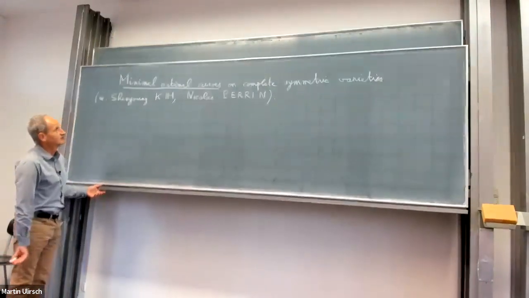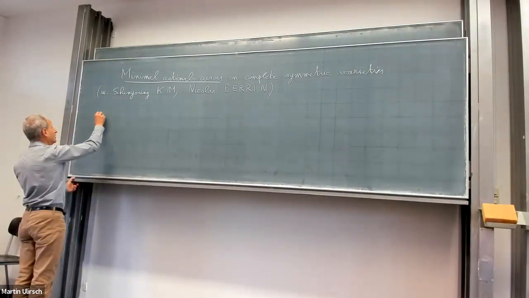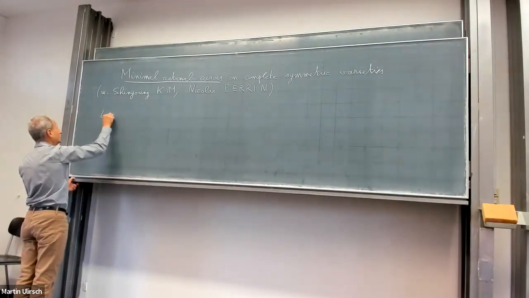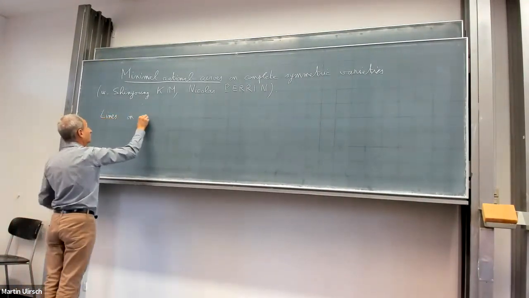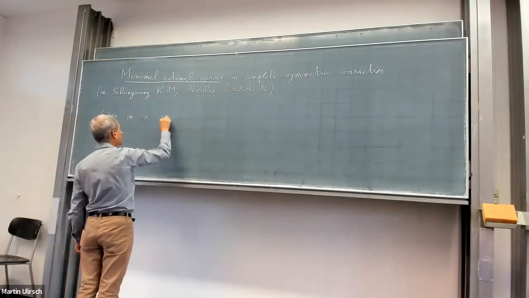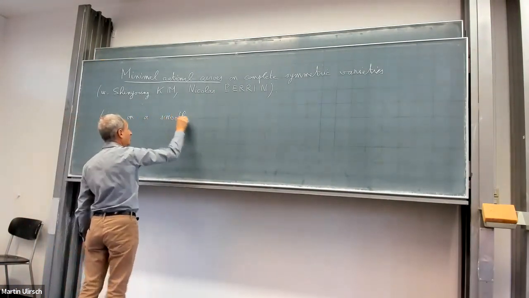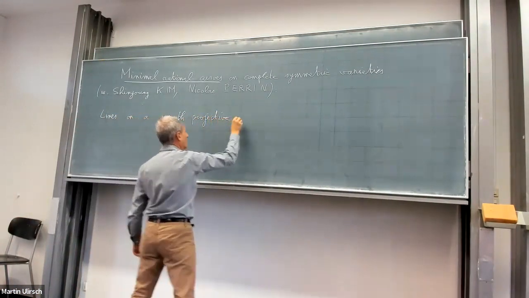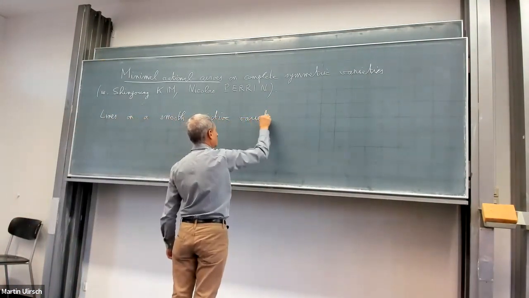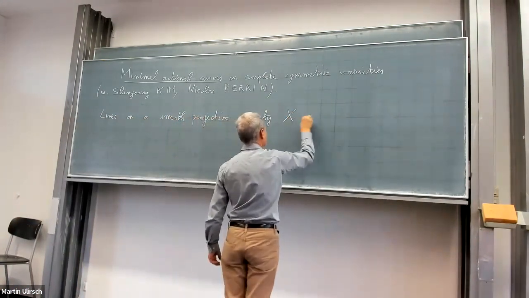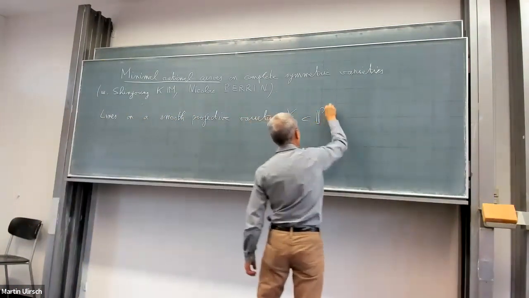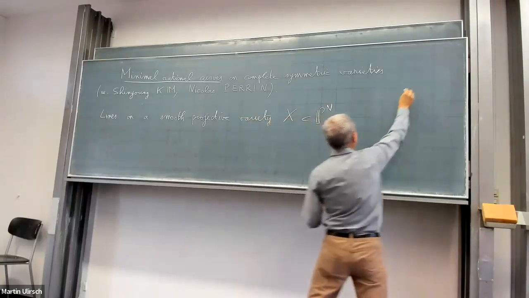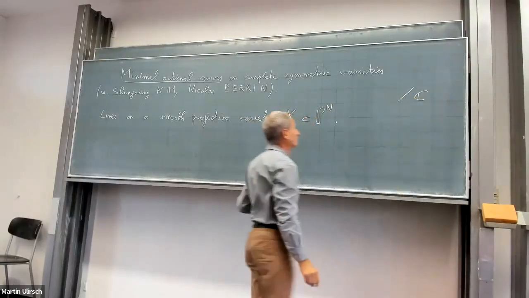So anyway, I'll start with lines. So everything below 3 is vector.